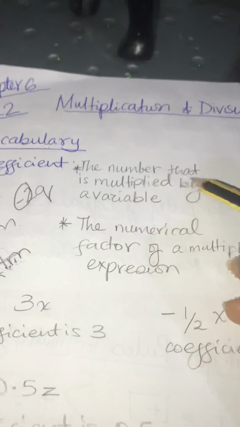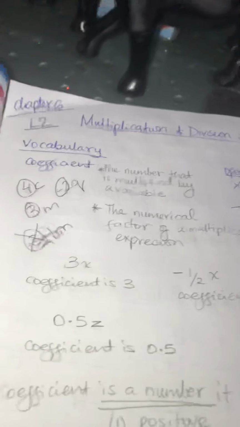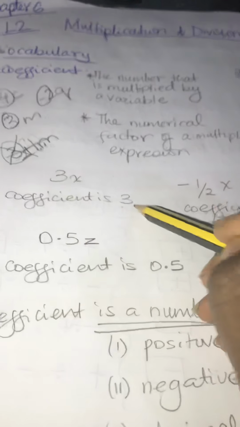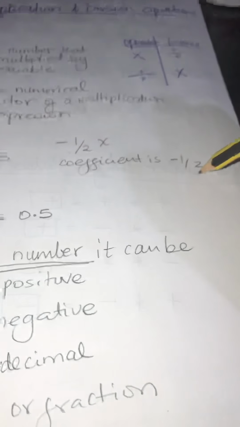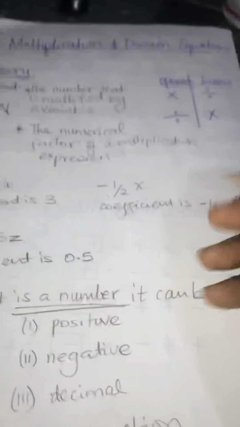The coefficient here is 1 because there is no number in front of m. Okay, all right. So the number that is multiplied by the variable is called the coefficient, or the numerical factor of a multiplication expression. Okay, and I gave you examples. 3x, the coefficient is 3. Negative half x, the coefficient is negative half. 0.5z, the coefficient is 0.5.